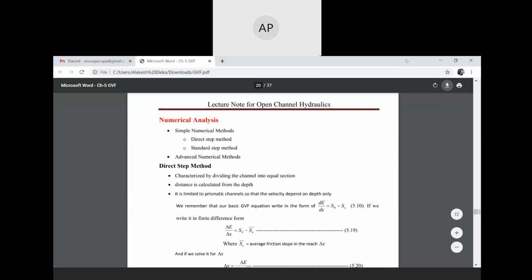Okay. Let me stop sharing. Roll number 45 and 9, what happened to them?